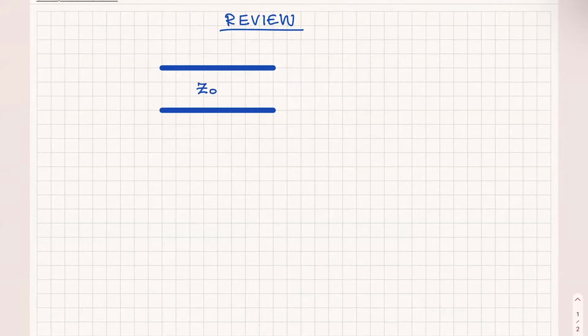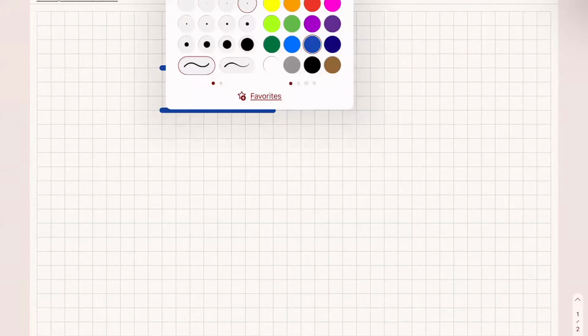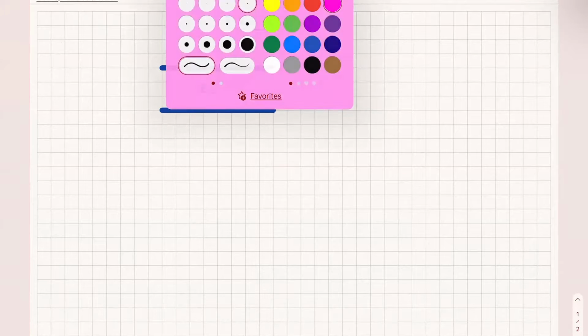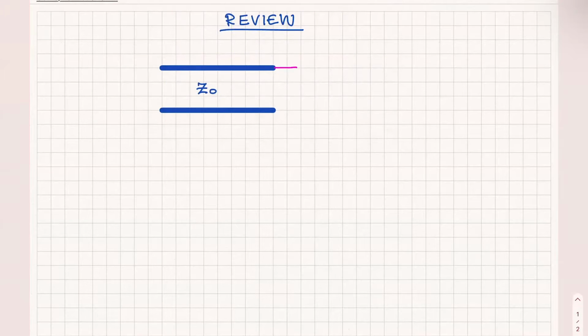Then we have a load that connects to this line. This load is ZL equals, say, 50 minus j100 ohms.